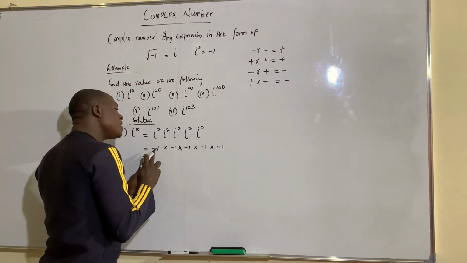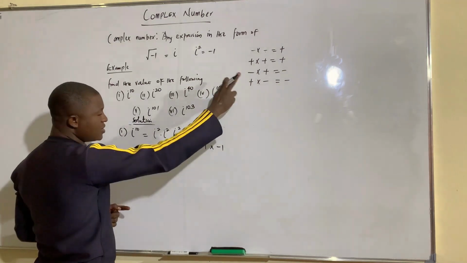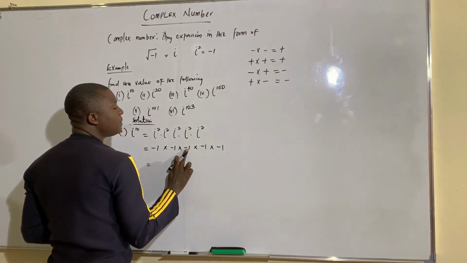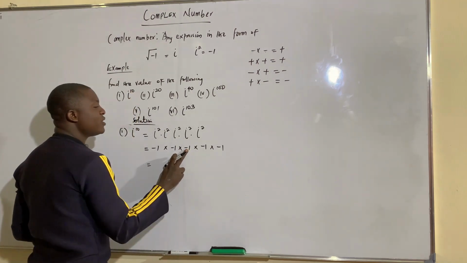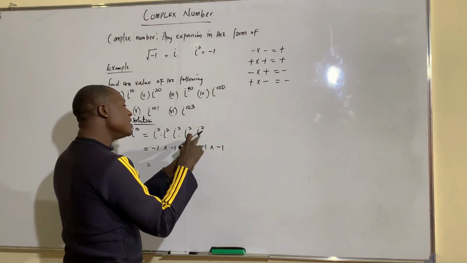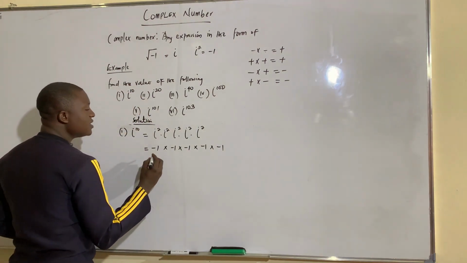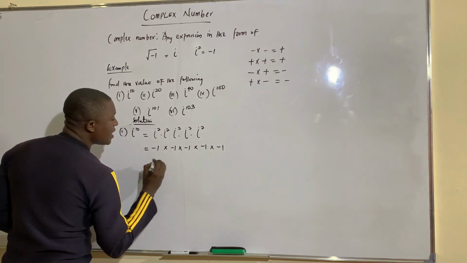Now, minus times minus, that one is a plus. Plus multiplied by minus, that one is minus. Minus times minus, that one is plus. Plus times minus, that one is a minus. So that means I can have all the signs to be minus.